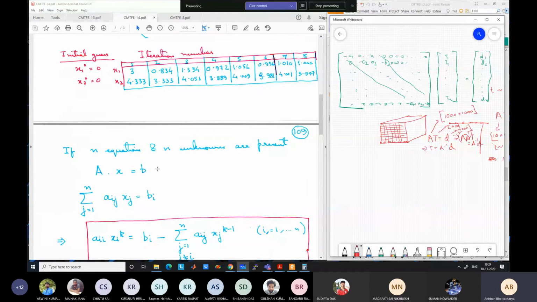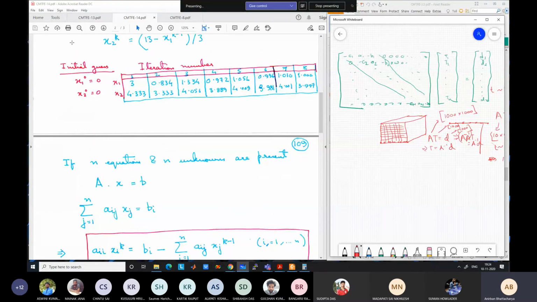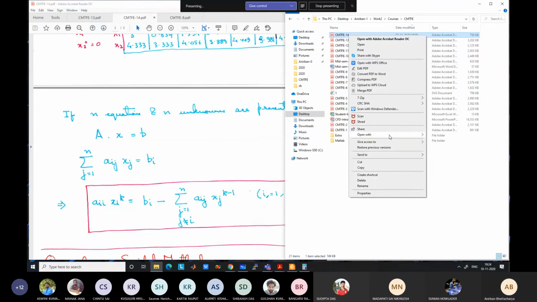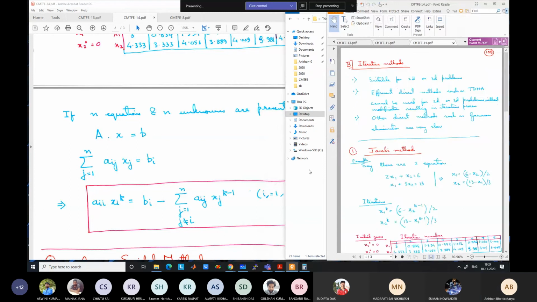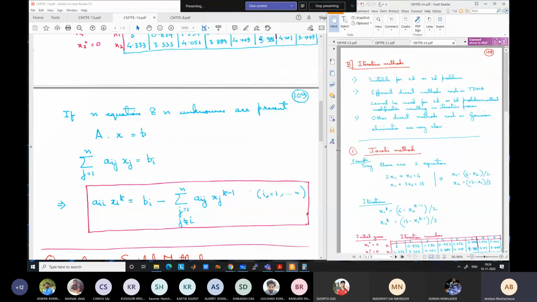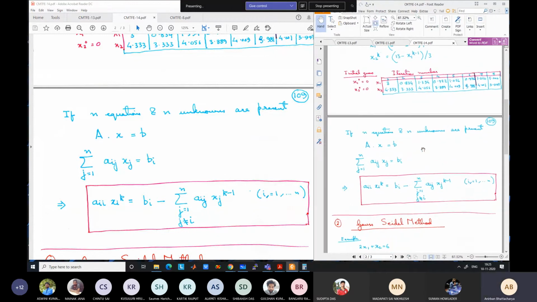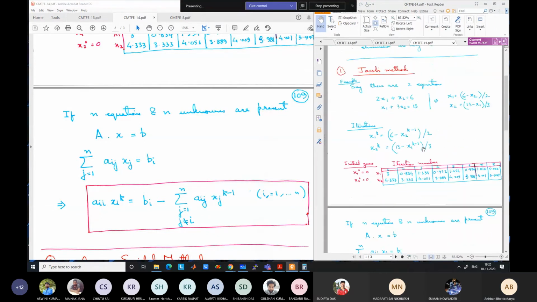So our algorithm is this. Let me just keep it open here also, so that you have the idea. Although it looks very small, you can relate to this.